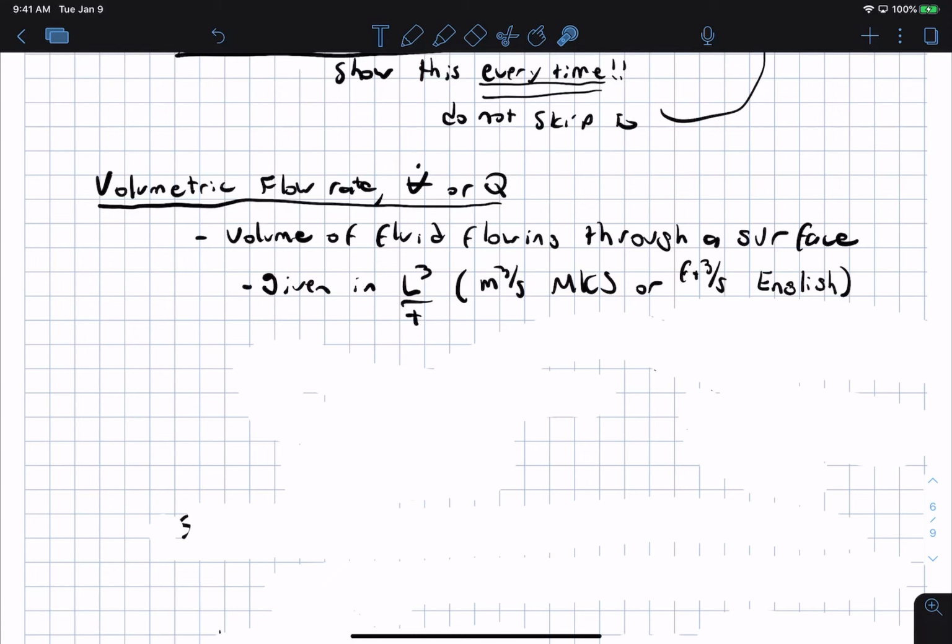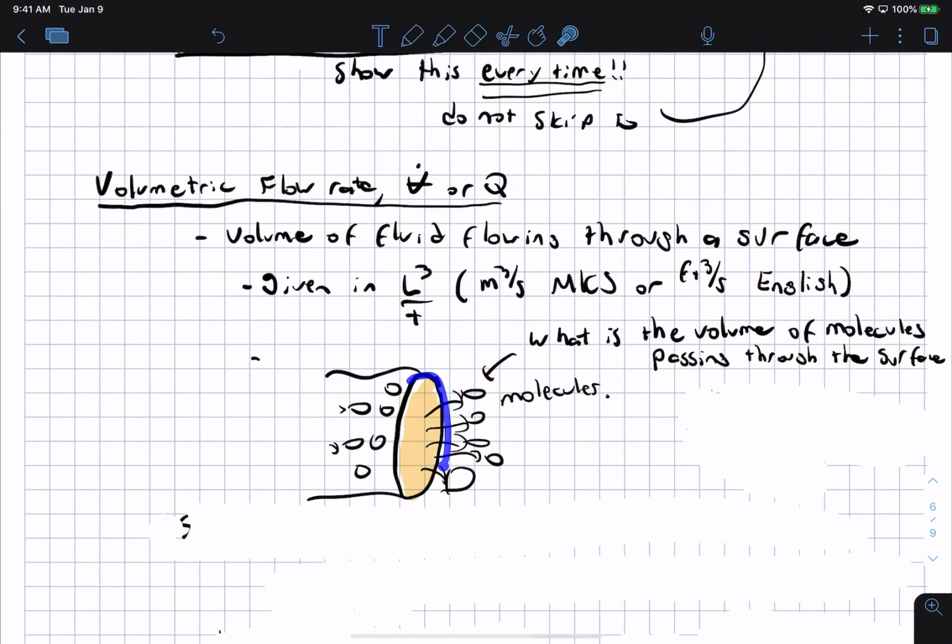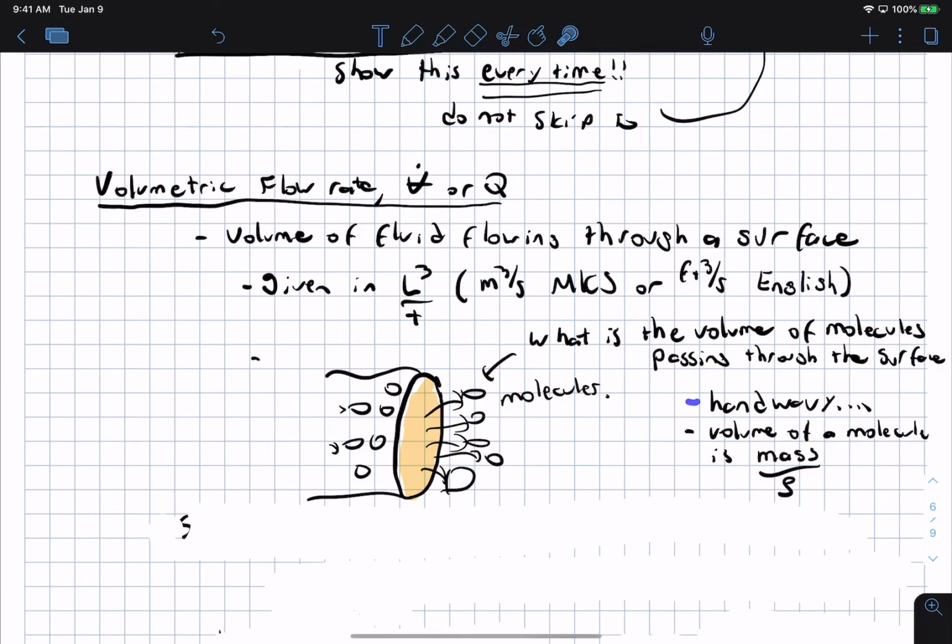Okay, and you can derive an expression for the volumetric flow rate the same way we did for mass, by considering a fictitious surface and considering the volume of all the molecules that are passing through the surface. And that will give you the volumetric flow rate. It's very hand wavy, but the quote unquote volume of a molecule is just the mass of a molecule divided by its density.